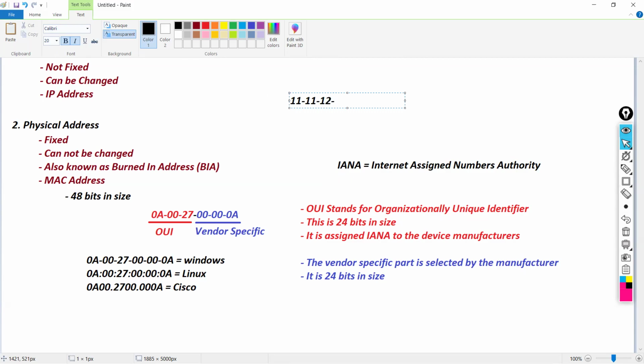Now I can start making my devices. My first device will be like this, my next device will have MAC address 2, the next device will have MAC address 3. So like this, I can keep on making the devices.